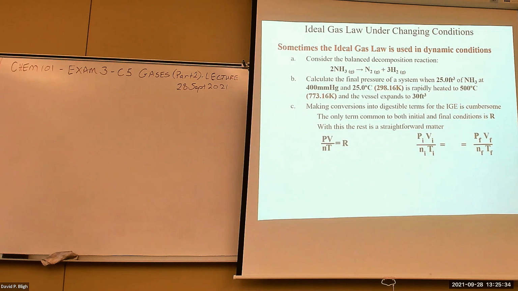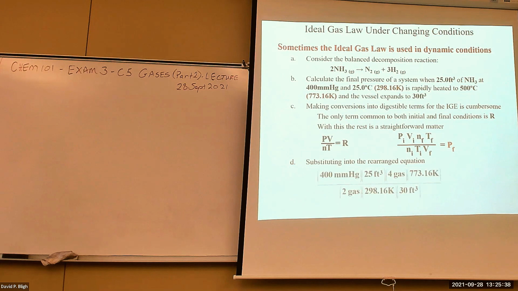So here we go through that rigmarole and we find out there's our pressure, plug in our values. The trick to this one is moles. Before and after are different moles. See? Start off with 2 moles gas on this side. These are all gases. You got 1 plus 3 is 4 moles here.